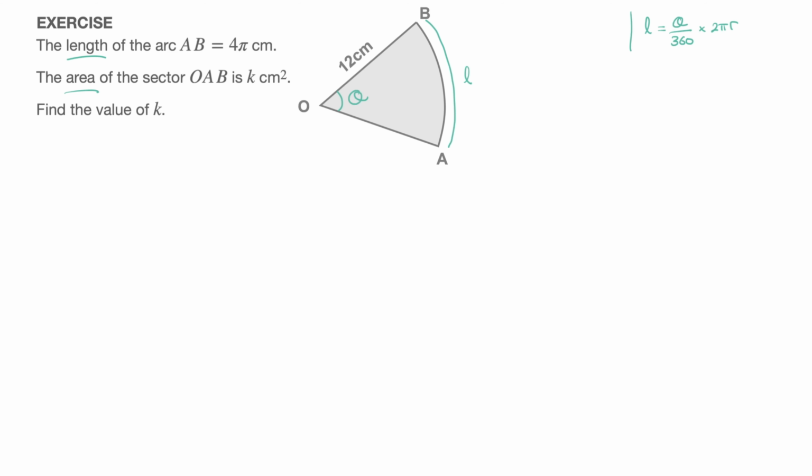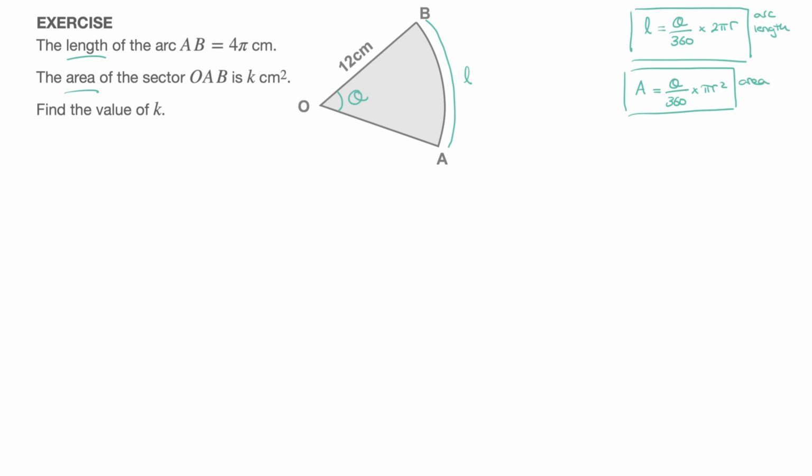That's the formula for the arc length of a circular sector, and I'll write arc length on the side here. Next, the formula for the area of this circular sector, which I'll call capital A, is equal to theta over 360 times pi r squared. I'll box it as well, and label it area.